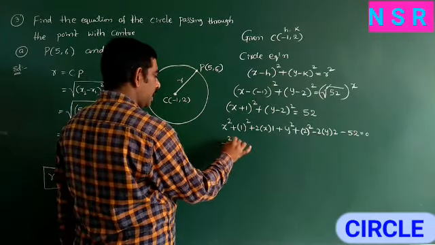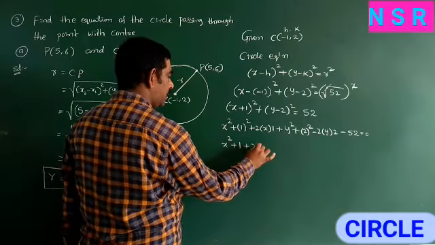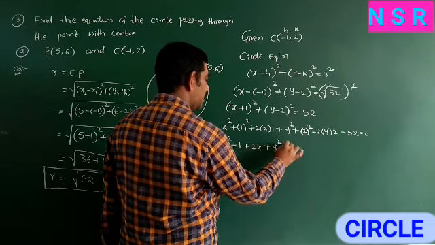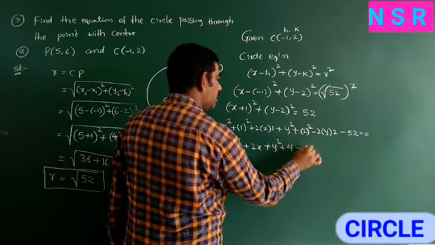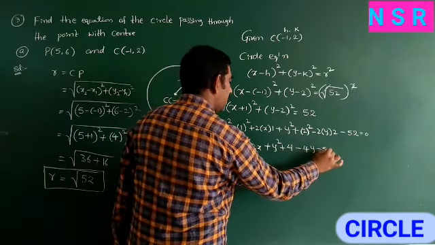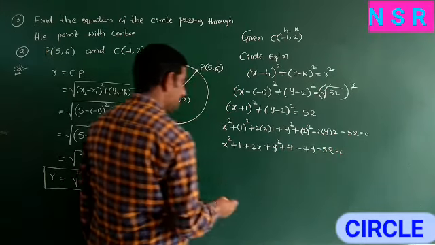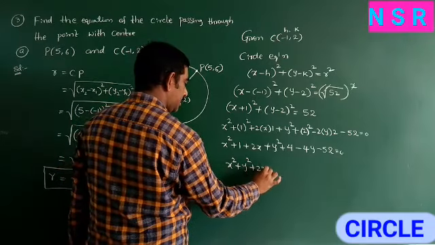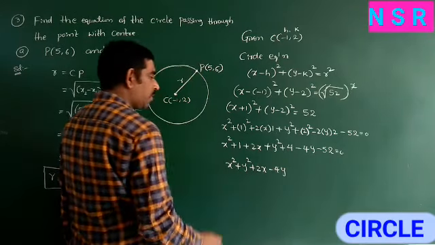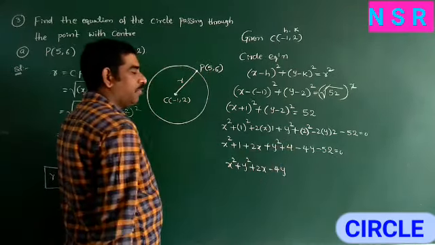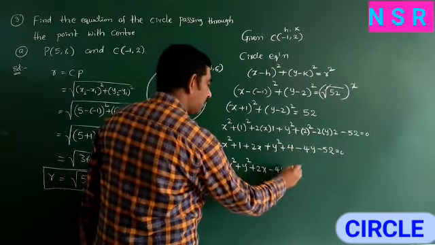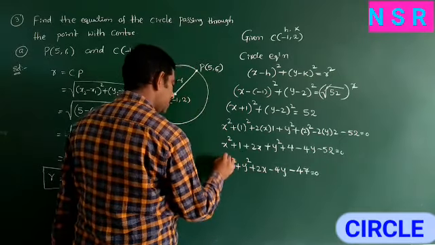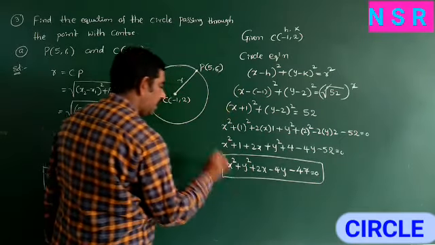Now write x square plus 1 square is 1, 2 into 1 into x is 2x, plus y square plus 2 square value 4, minus 2 into 2 into y is 4y, minus 52 equal to 0. Now write x square plus y square plus 2x minus 4y, 1 plus 4 is 5, 5 minus 52 is minus 47, equal to 0. So this is our circle equation.